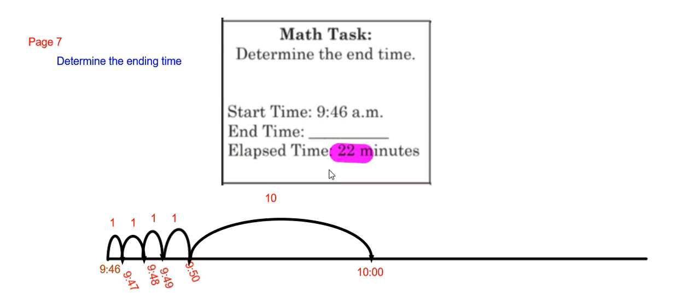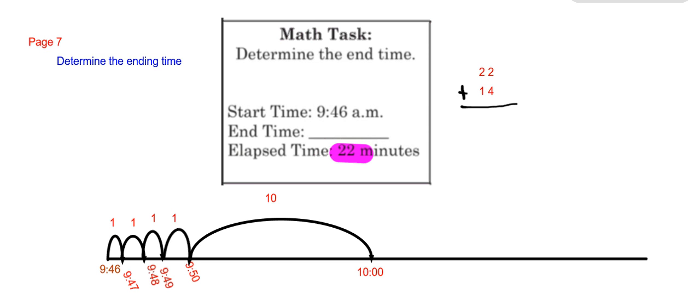So 10 plus 1, 11, plus 1, 12, plus 1, 13, plus 1, 14. So we need to keep adding, right? If I have 22 and I take away the 14 that I have so far, how much would that be? Let's go ahead and do this math.